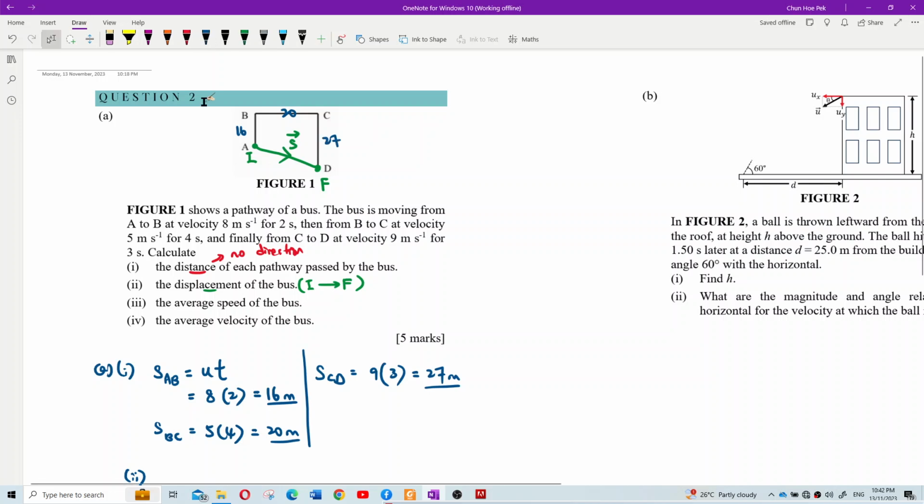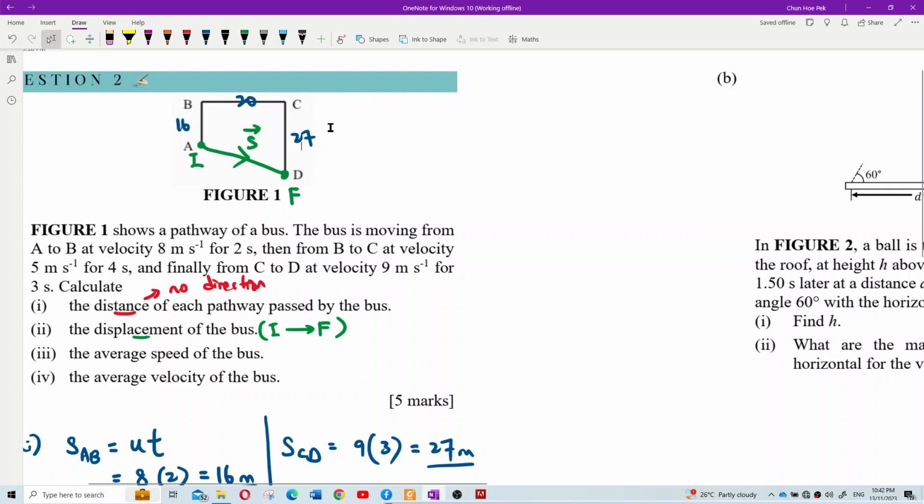So how? I can straight away actually, if you look at here, I can draw the line here to here.